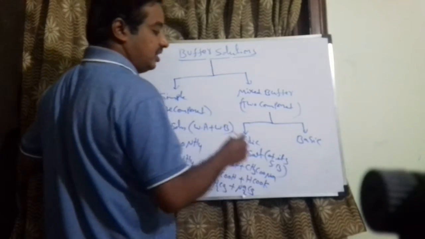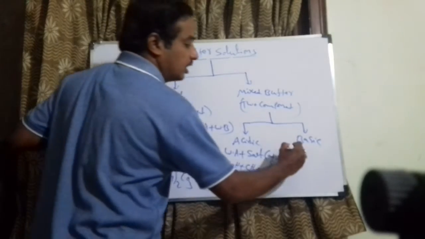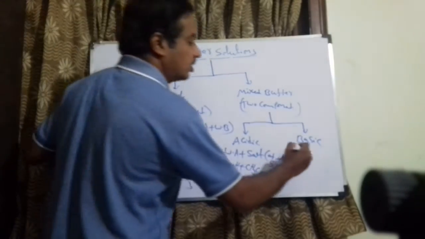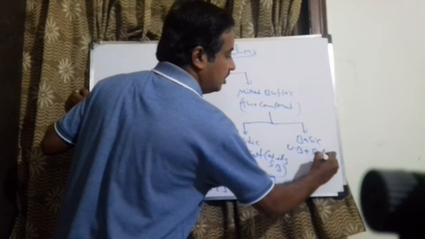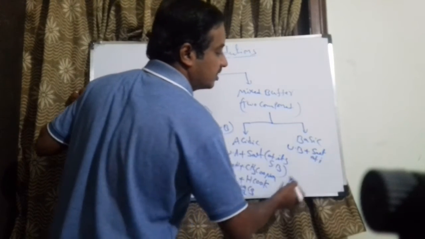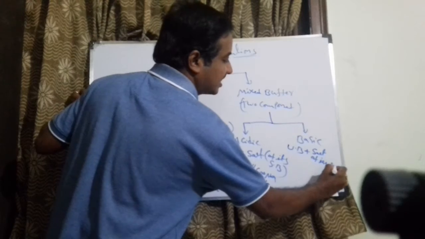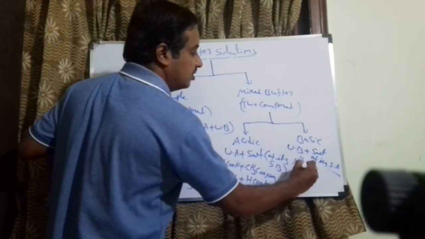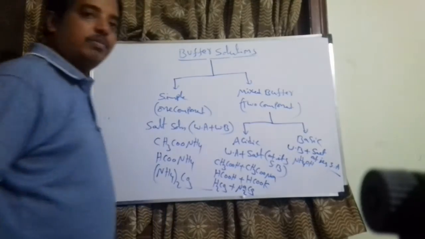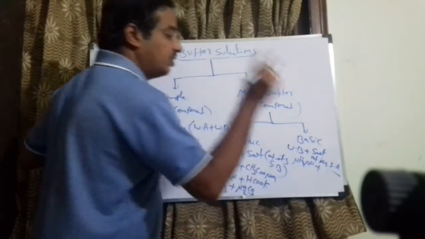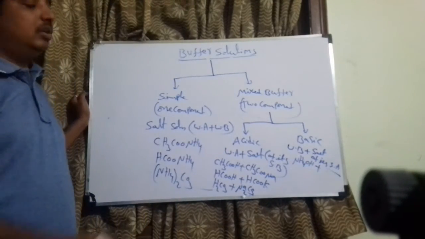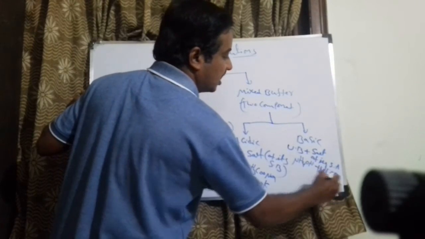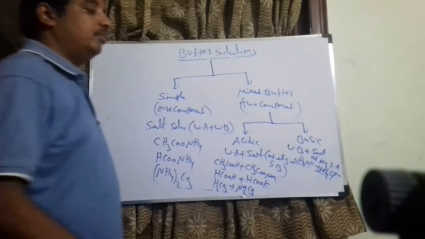Next, the basic buffer. Similarly, a basic buffer is the mixture of a weak base and the salt of its strong acid. For example, the weak base ammonium hydroxide reacts with the strong acid HCl to form the salt NH4Cl. So it is a weak base and ammonium chloride.